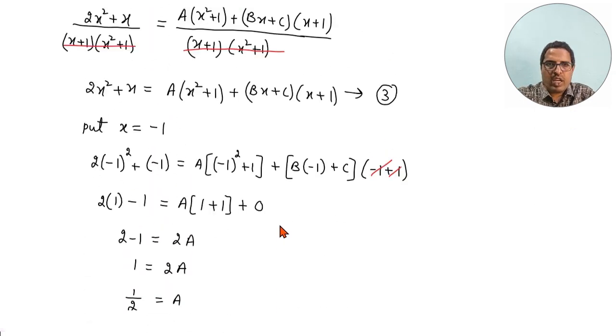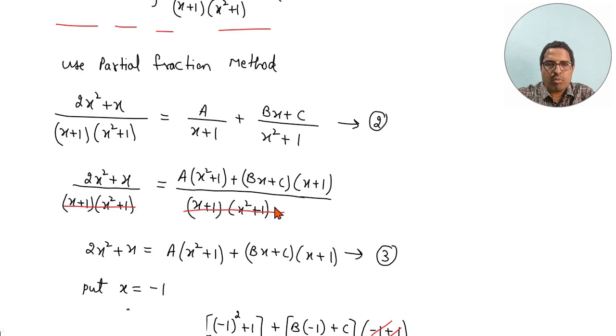Now we need to calculate the value of b. Now the question is how to find the value of b. To find b, you can see that this bx is being multiplied with x. If you multiply it, you will get bx square, right? You can equate the coefficient of x square over here.